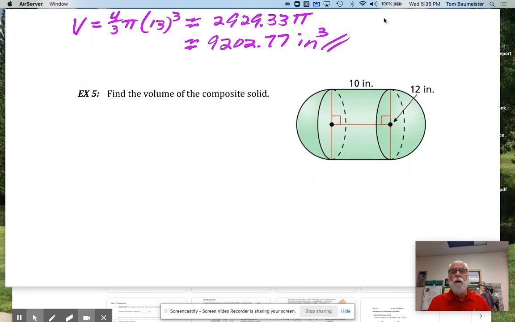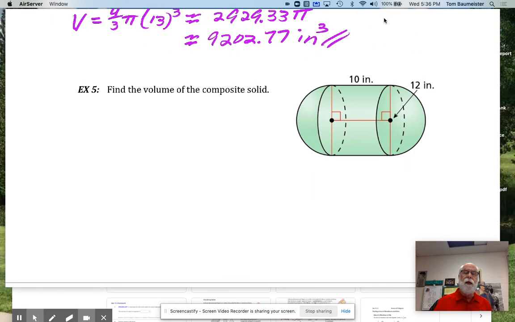And then just like on the last couple here, we have a composite here that we need to work on. So on this one here, I can say that the total volume, well, let's kind of look and see what we have here. So if I call this one here V1, it's a hemisphere, right? So if I look at the other one here, well, isn't that also a hemisphere? So when I have two hemispheres, well, what is two hemispheres?